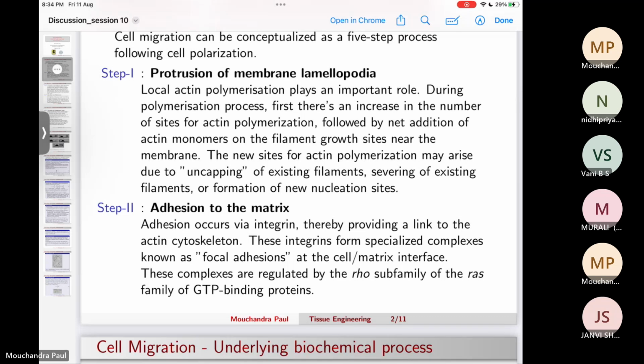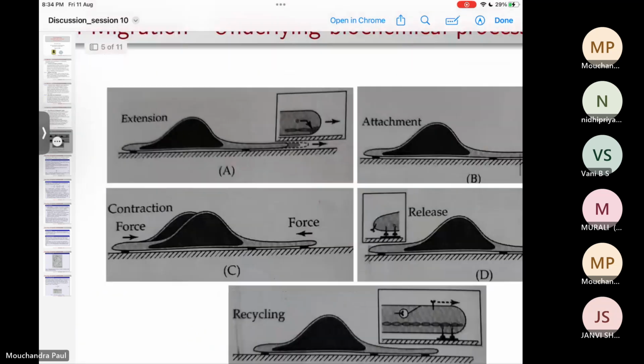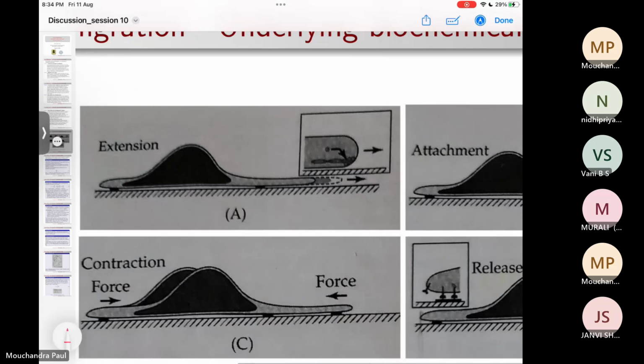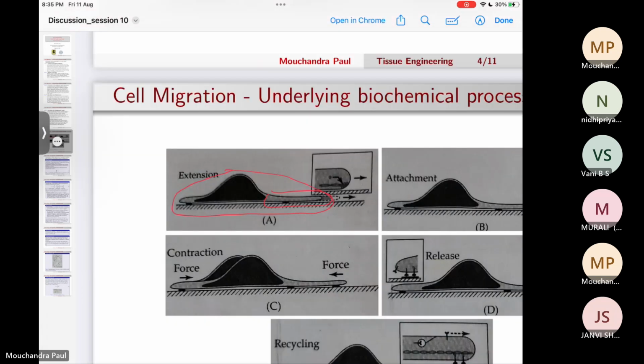In this figure A, this is a cell, and this is the lamellipodia. The lamellipodia is nothing but the cell membrane that has extended out a little bit. This is the first step.